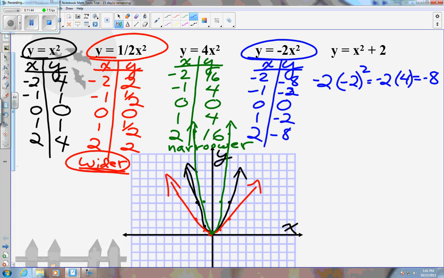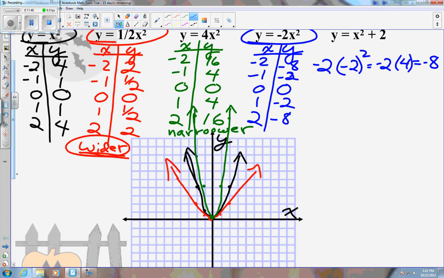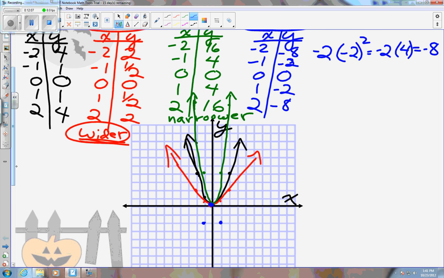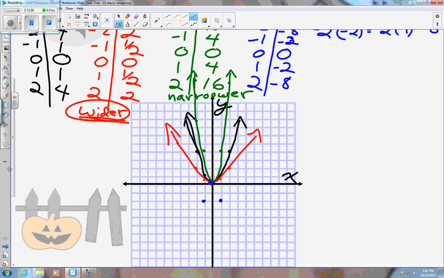So now I'm going to have to move this one up just a little bit in order to plot these points. So I've got my point 0, 0 in the middle again. Negative 1, negative 2 down here. 1, negative 2. And then negative 2, negative 8, got to go down some more: 3, 4, 5, 6, 7, 8.